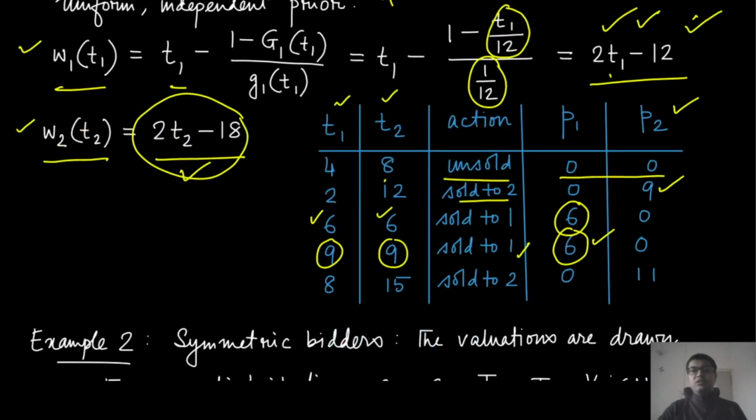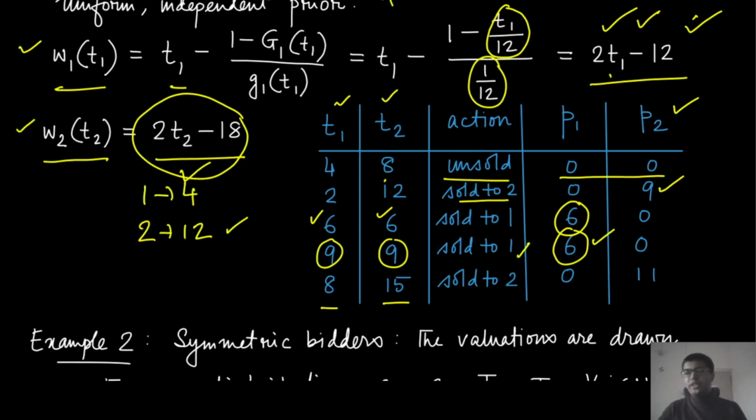Now let us look at much larger types for both these players. In this last case, both players have a positive virtual valuation. It turns out that the virtual valuation is larger for player 2. For player 2 it is 12, and for player 1 it is 4, right?